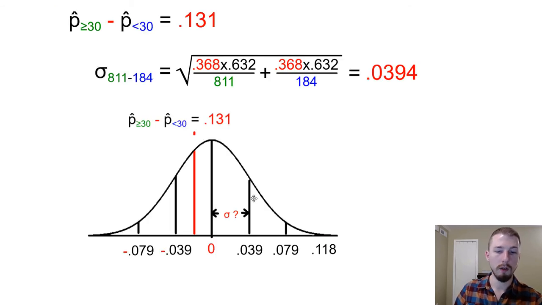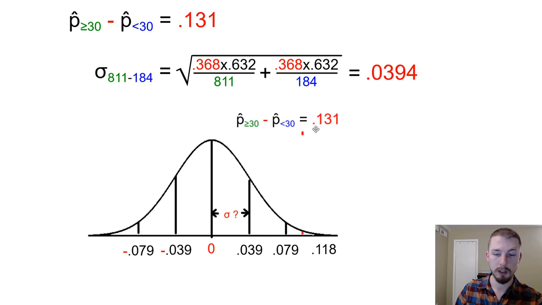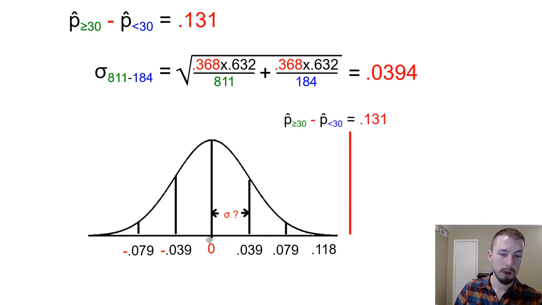All right, so then our final thing is we observed a difference of a positive 13%, which would be way off over here. And we were expecting 0 if that was actually true, with a standard deviation of basically 4%, I believe. Yes, standard deviation of 4%. Is that what it showed on the other one?